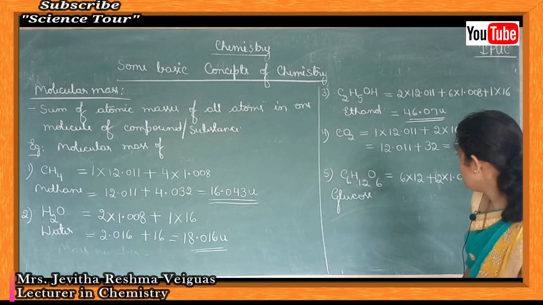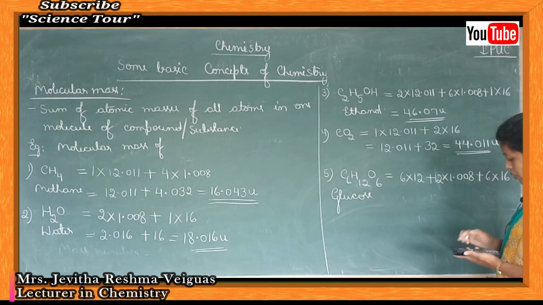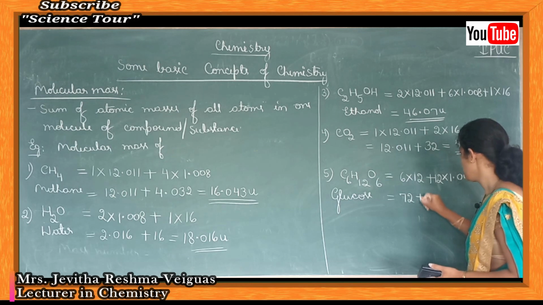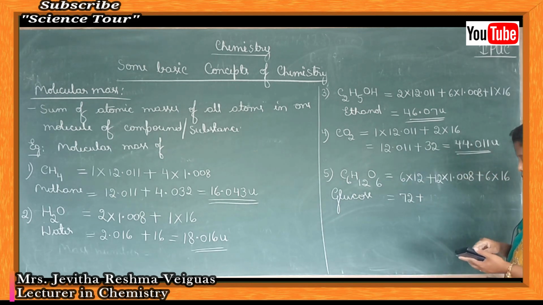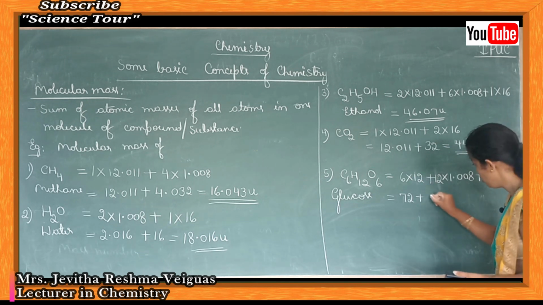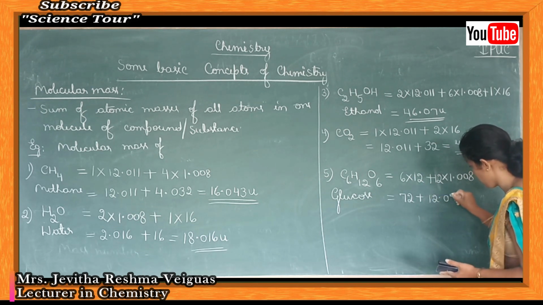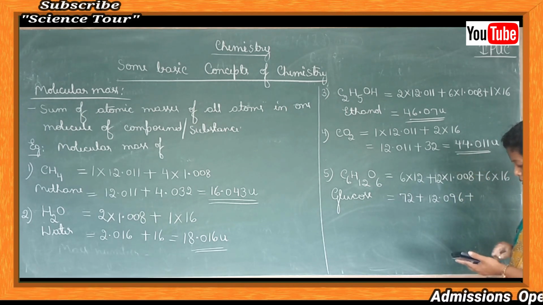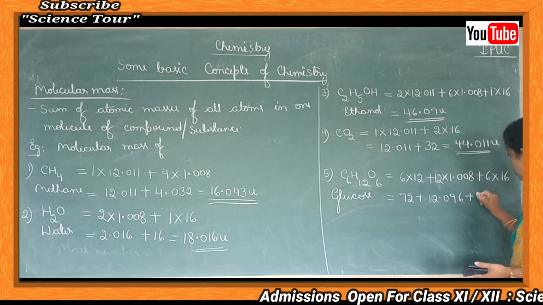So the calculation: it is 6 into 12, that is 72, plus 12 into 1.008, that is 12.096, plus 6 into 16, that is 96.